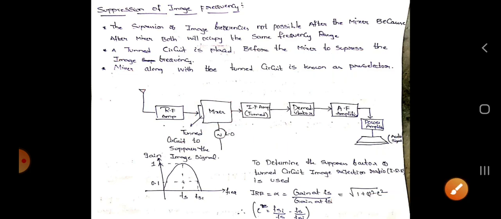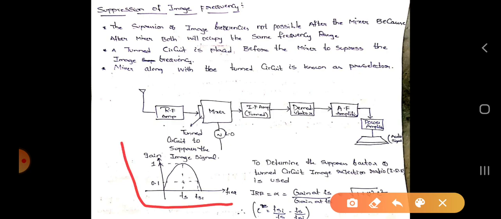Now I will explain how the tuned circuit will work and how it will suppress the image frequency. Let us consider the gain versus frequency graph of a tuned circuit. If you see this graph, Fs is nothing but our tuning frequency or our required frequency. The corresponding gain at Fs is 1.